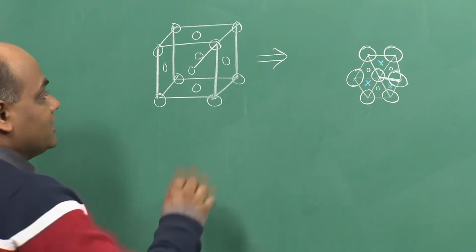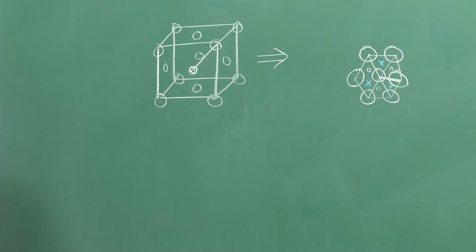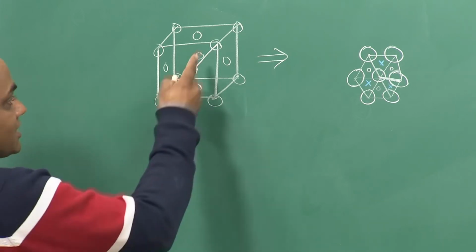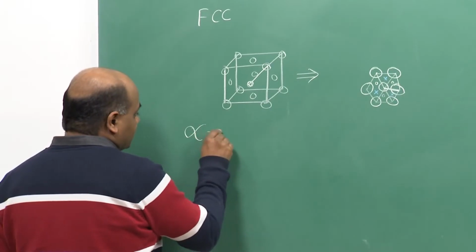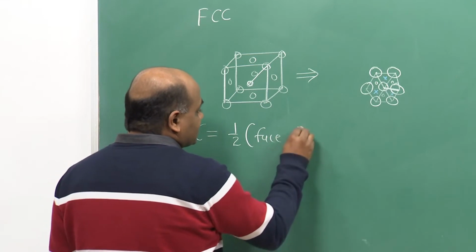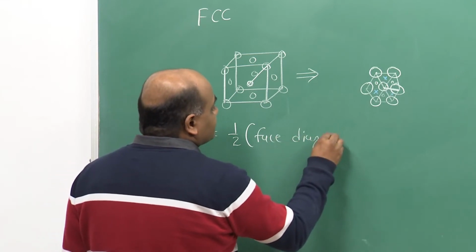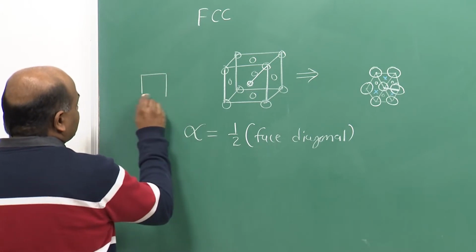site is one nearest neighbor jump, and we can see it is half the face diagonal. So, the jump length, which is alpha, is half the face diagonal, and what would be the length of the face diagonal?